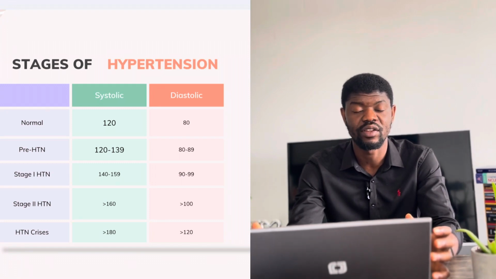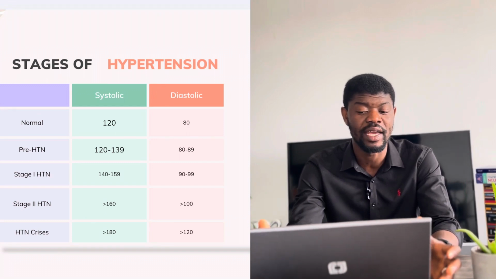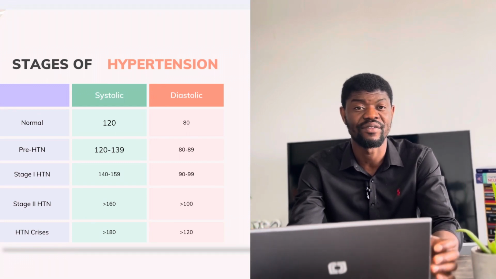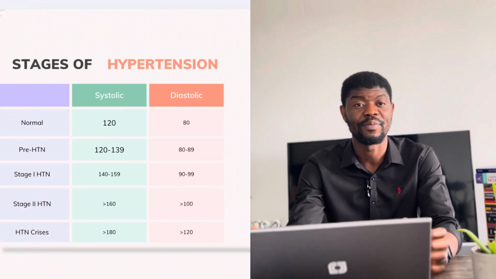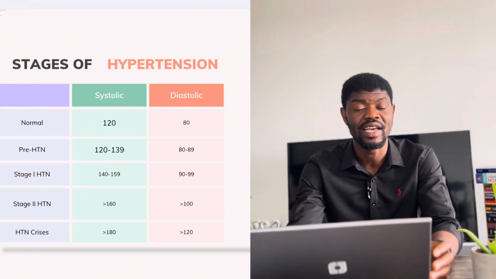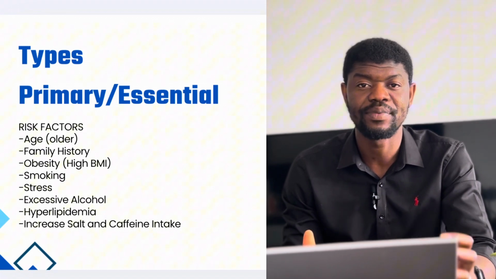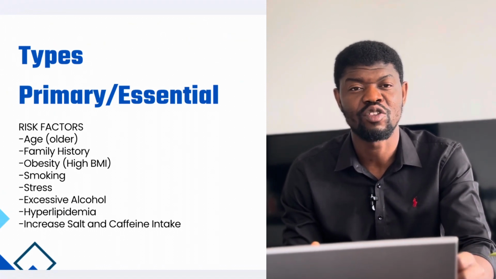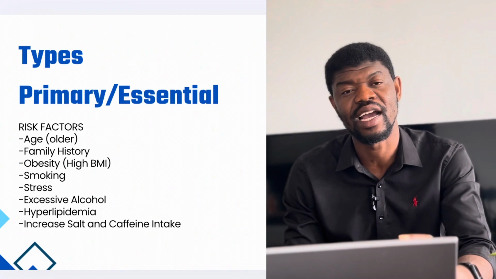Stage 2 hypertension, on the other hand, is any systolic above 160 but below 180, with a diastolic above 100. And then we've got hypertension crisis, which is usually a sustained blood pressure above 180 systolic and 120 diastolic.